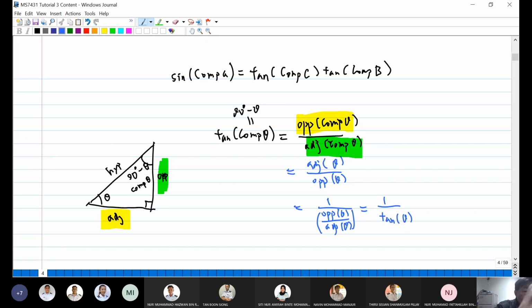So that means that next time when you see this co- thing for the tangent, just remember tangent of co-theta is 1 over tangent of theta. Okay, so this is another shortcut here.